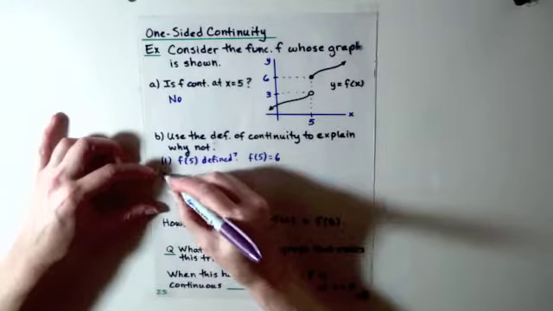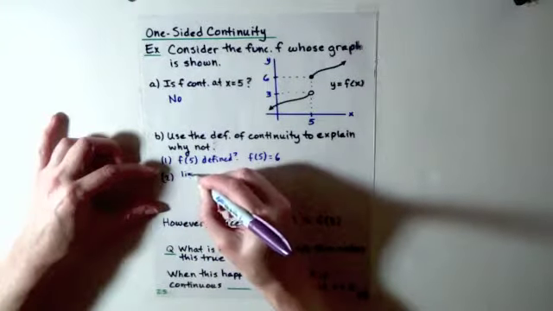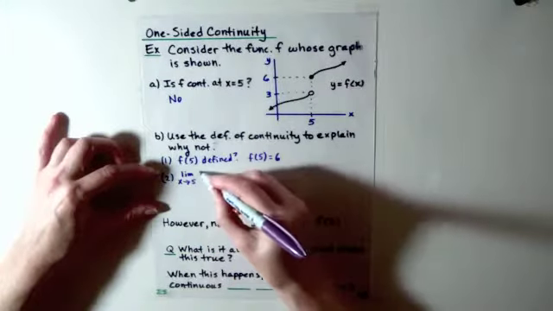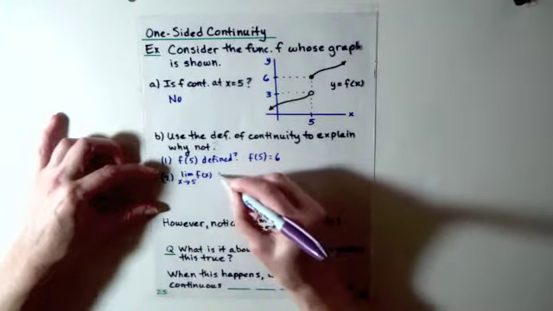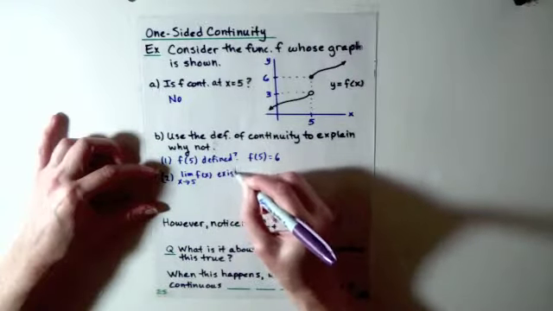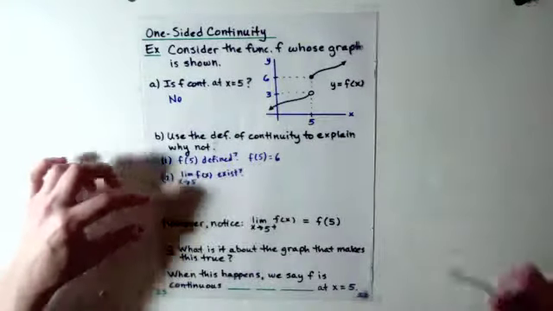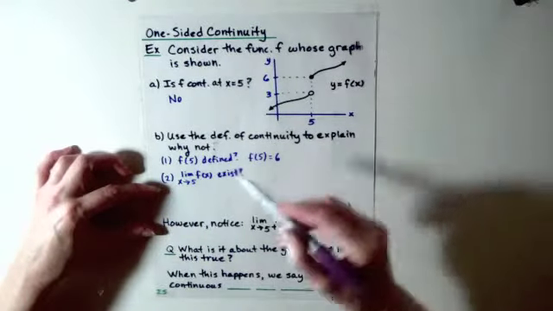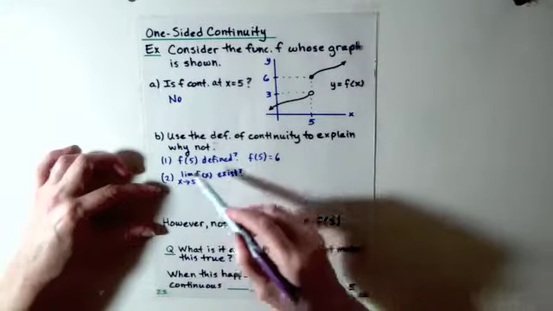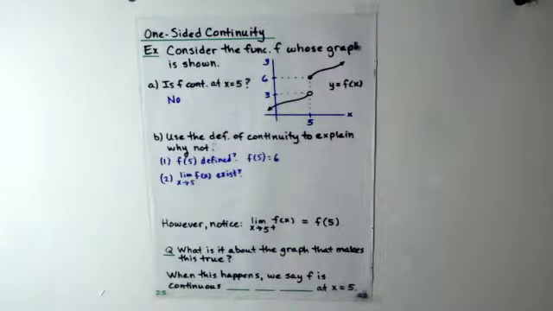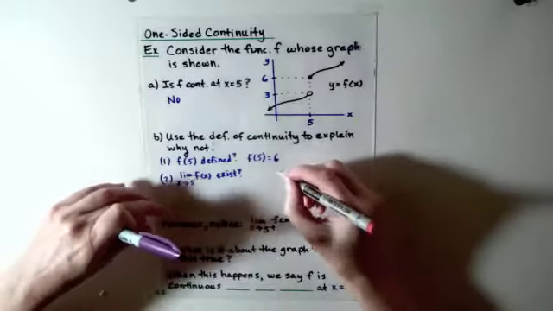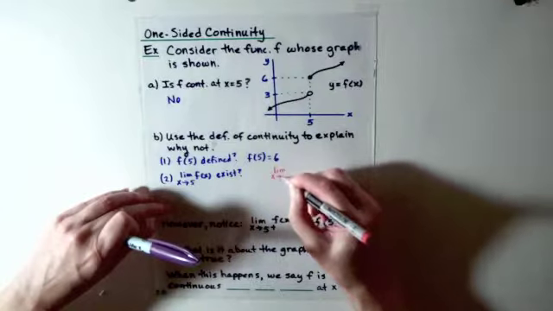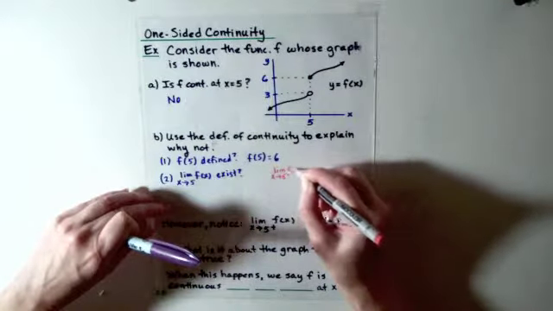Second question is the limit, and here we mean the overall limit, as x approaches 5 from both directions of f of x. Does that limit exist? Well, in this case, because we have two chunks of graph that are at different levels, we would usually look at the limit from the left and the limit from the right separately, and if those limits exist and are equal, then the overall limit also exists.